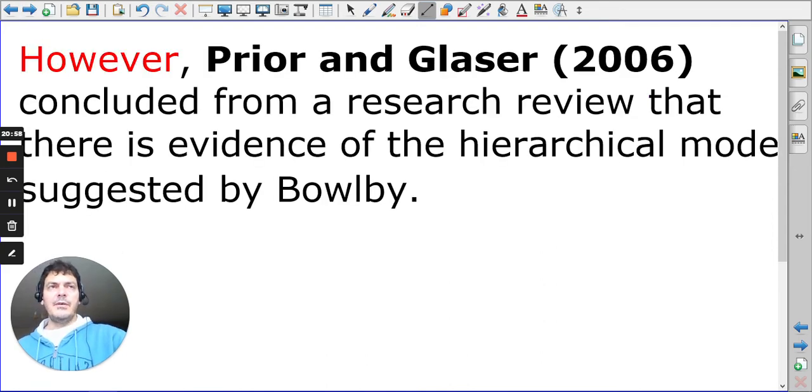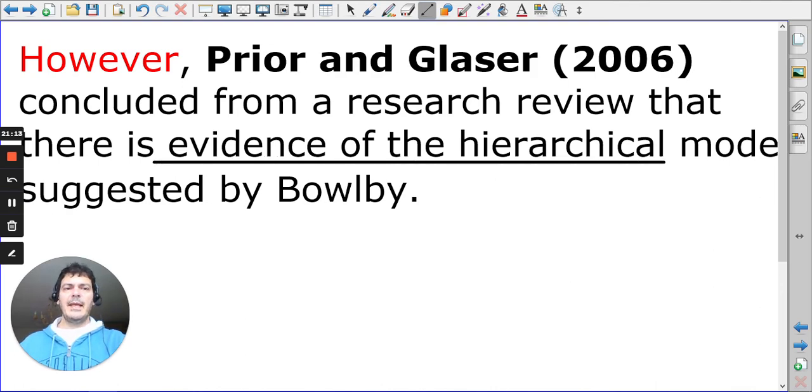But of course, not everyone is completely against Bowlby's monotropy. Pryor and Glasser are concerned that there is evidence of some kind of hierarchy. And as a parent myself, as somebody who's taught attachment for a number of years, I wish I had a very clear, pivotal understanding of whether it's monotropic or multiple.